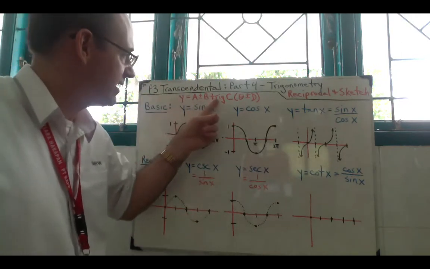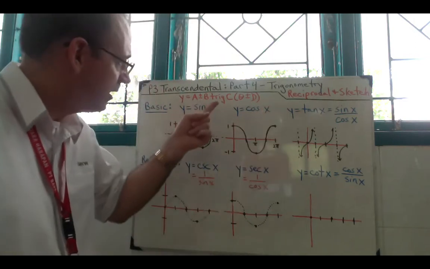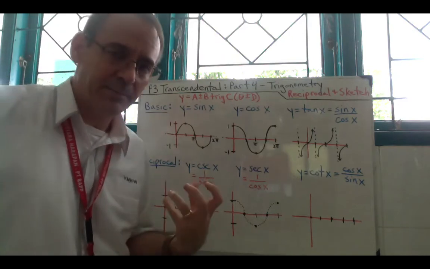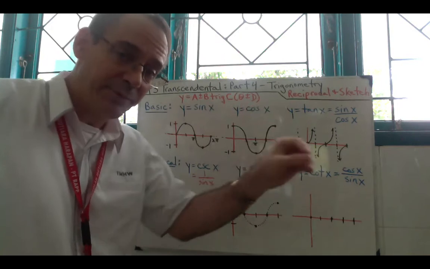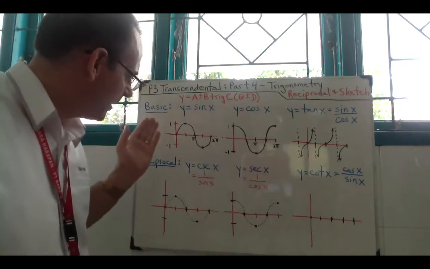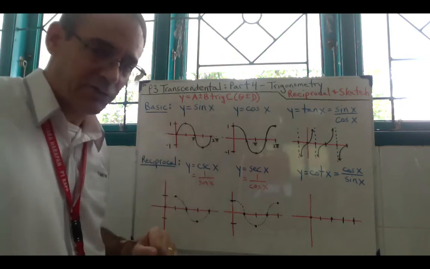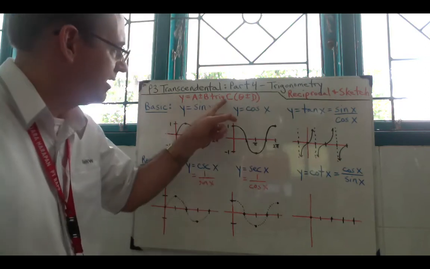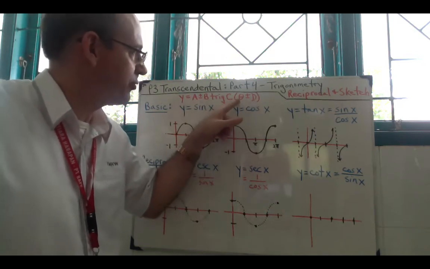Then you have your trigonometric function, which is either your sine, cosine, or tangent. The letter C is the number of cycles, how many complete cycles between 0 and 360, or between 0 and 2 pi. Then you have your variable, either x or theta.